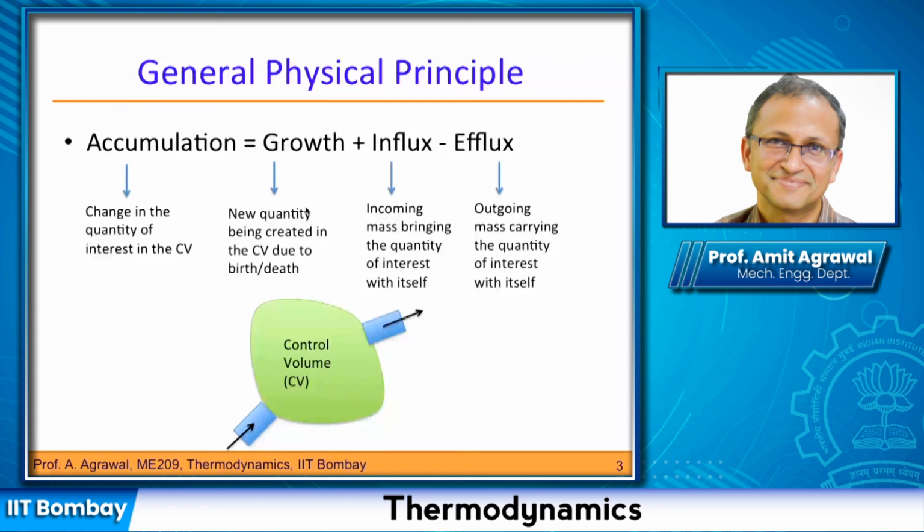Sir, I had a doubt about the compressibility factor part that we had covered in earlier lectures. Yes, please. If we want to find the compressibility factor, we divide the actual volume by the ideal gas volume. Yes.